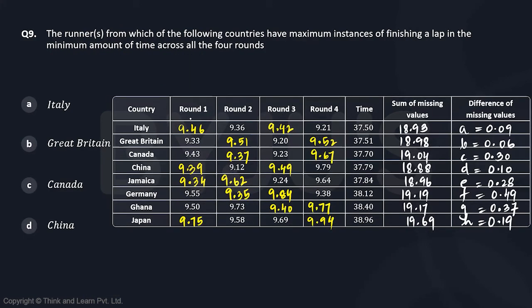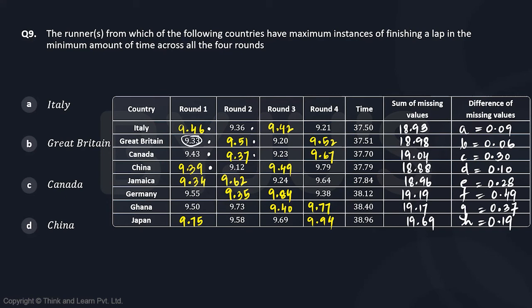The runners from which of the following countries have maximum instances of finishing a lap in the minimum amount of time across all the 4 rounds? So we need to find that particular country whose runners have the maximum number of instances where they have taken the minimum time to finish a lap. So if you look at round 1, between Italy, Great Britain, Canada, and China, we find that the minimum time is taken by Great Britain, 9.33.